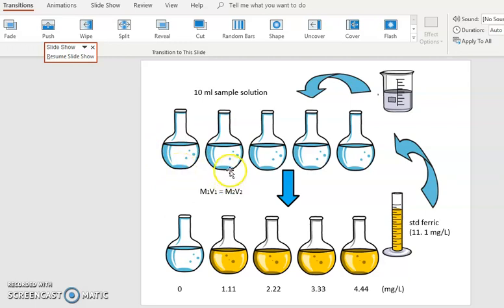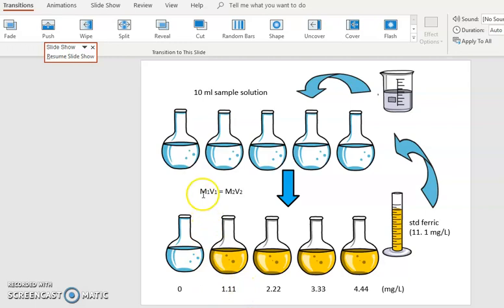For these 4 flasks, we intend to add the amount of iron with the concentrations shown here. How can we work out how much volume of this stock to add in order to prepare the desired concentration?